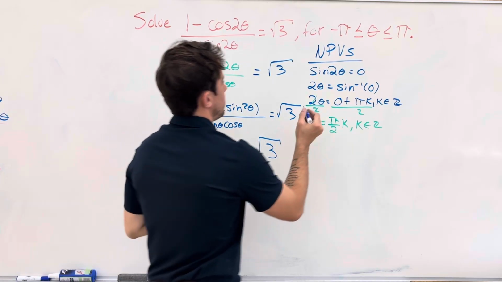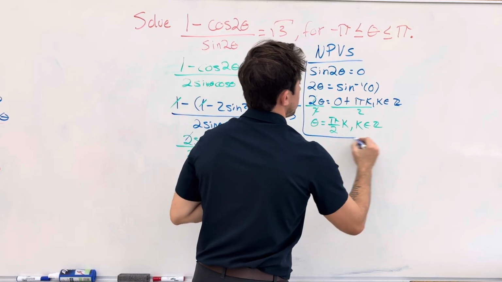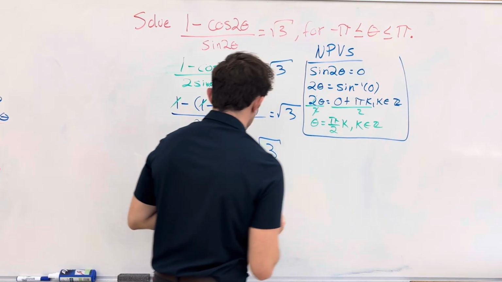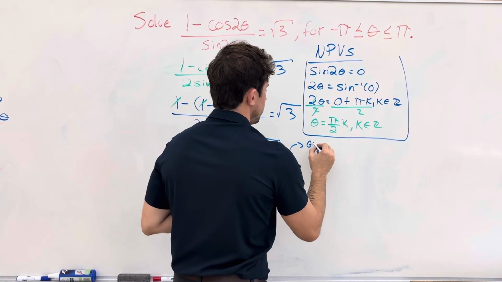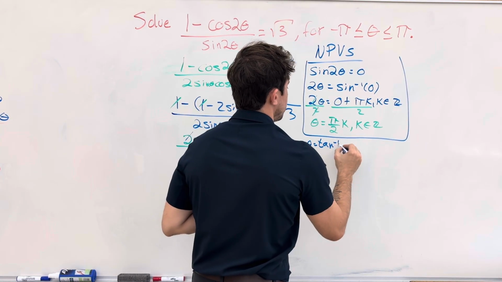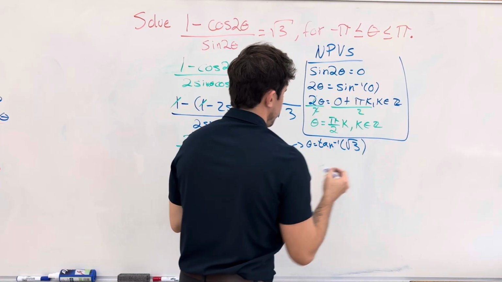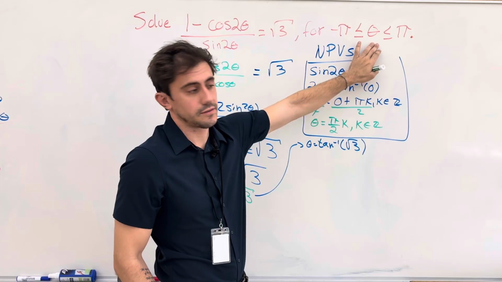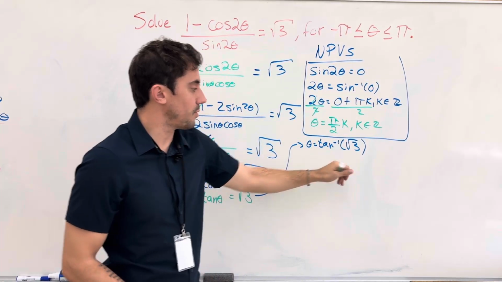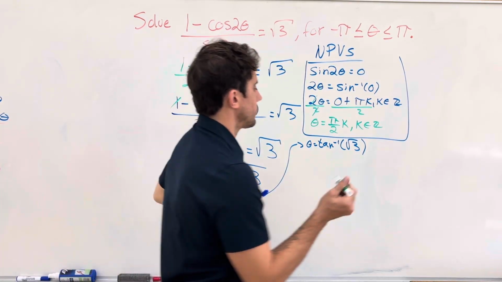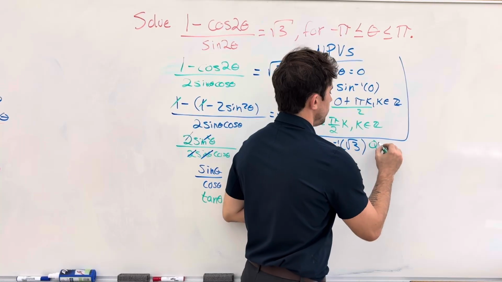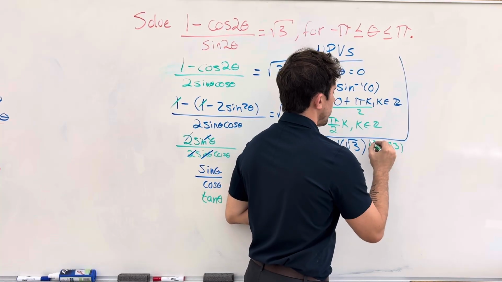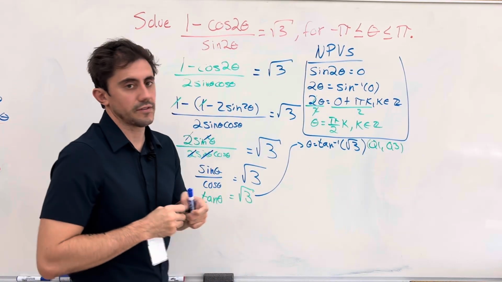So let's just keep that in mind as we finally get our solution set. So I'll box these off. Okay. Our solution set here is the inverse tan of root 3. And we know that on this interval, and for any interval, tan has positive values in quadrant 1 and 3, right? Q1 and Q3 is where we should expect any and all of our solutions.